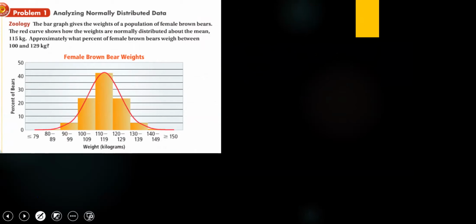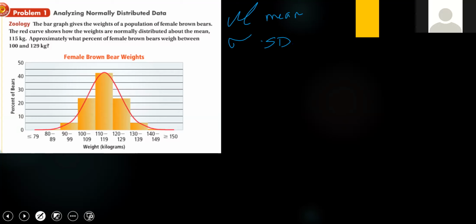The mean, we call it mu, and sigma is the standard deviation. So mu minus sigma, mu minus 2 sigma, mu minus 3 sigma, and so on. Now, Teacher, it is mu. Mu.